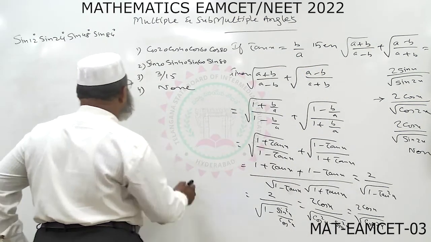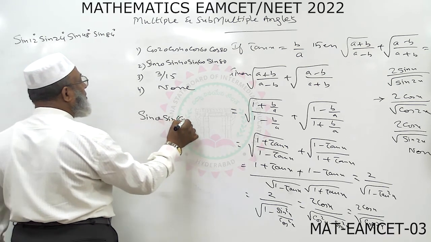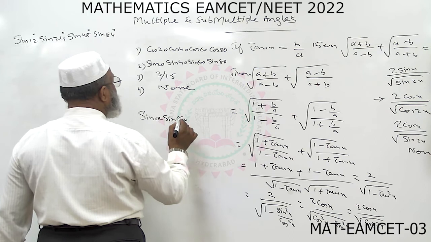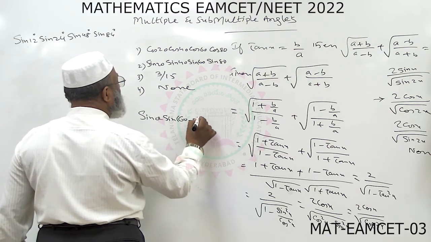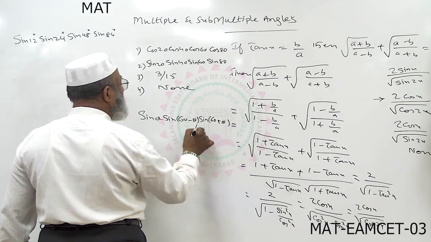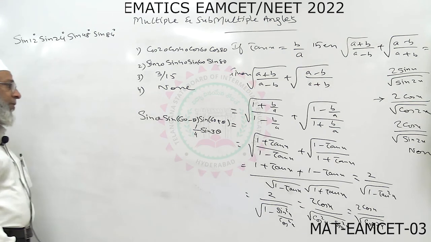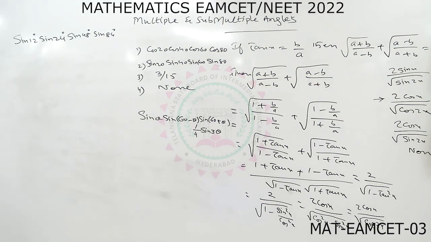That is sin theta, sin 60 minus theta into sin 60 plus theta is equal to 1 by 4 sin 3 theta.